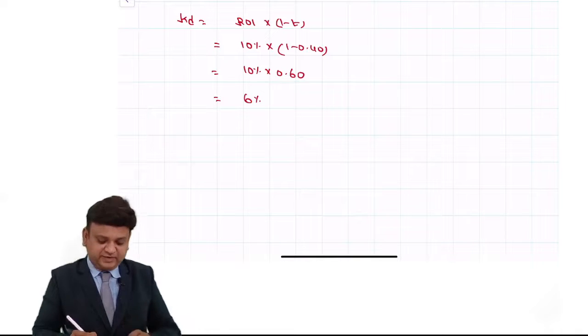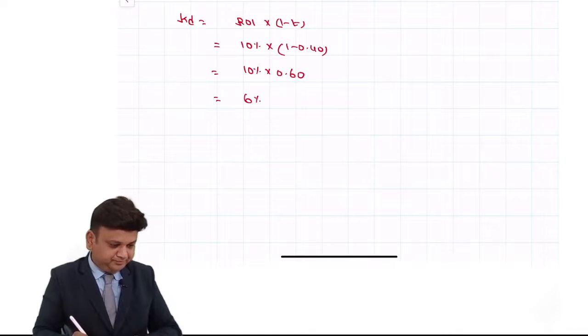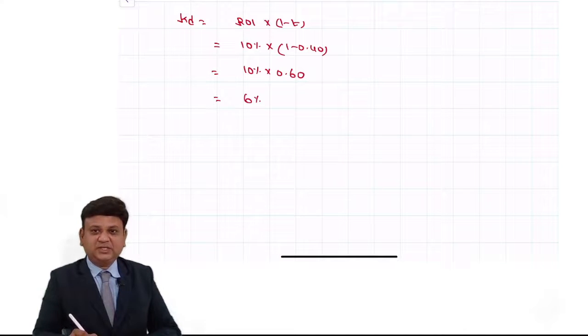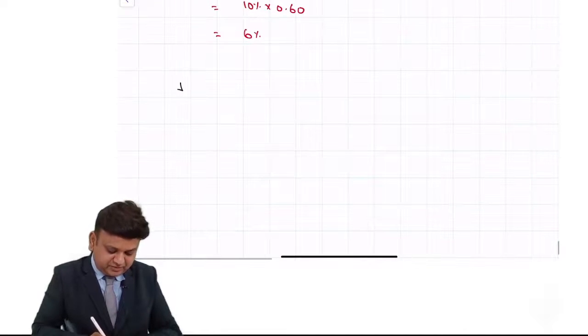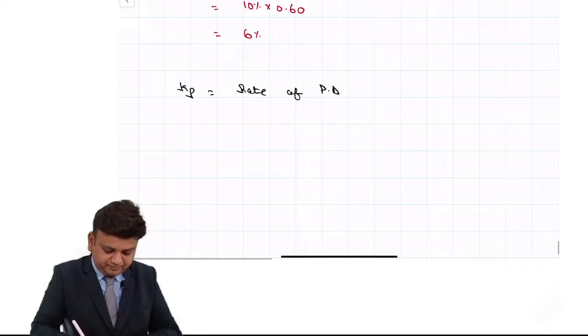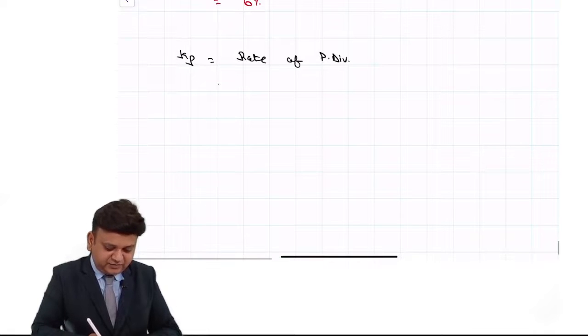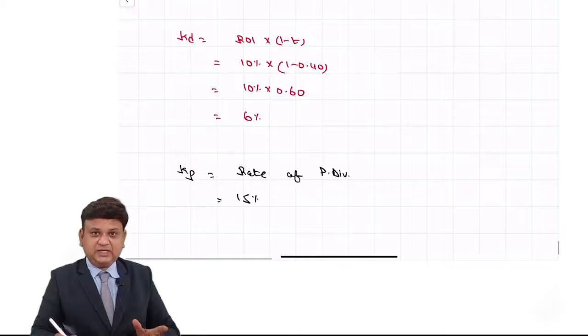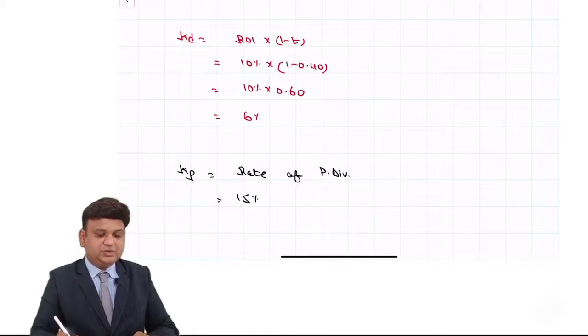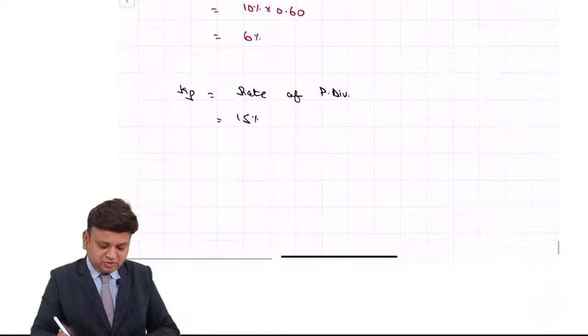That is the cost of debt financing. The second question is calculation of cost of preference share. It is the rate of preference dividend, that is 15%. That is the Kp.